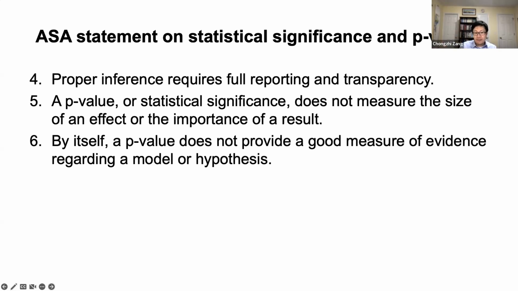And number five, a p-value or statistical significance does not measure the size of an effect or the importance of a result. So those are two different concepts in a statistical test: one is effect size, and the other is the p-value. The p-value only tells whether you want to reject the null hypothesis or not.